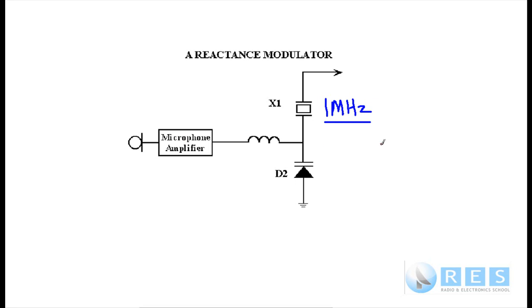And when we start speaking into the mic, the frequency of the crystal varies up and down around 1 megahertz to a bandwidth on amateur bands of about 16 kilohertz. Bandwidth on FM is a little bit complex to calculate, so we're not going to go there. You don't need to know it for your standard license.